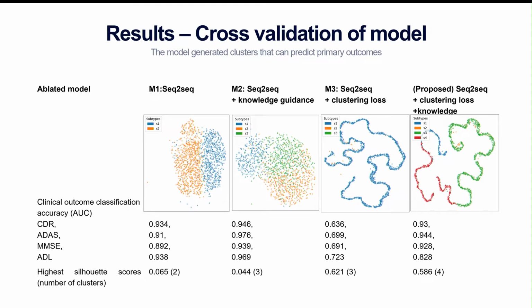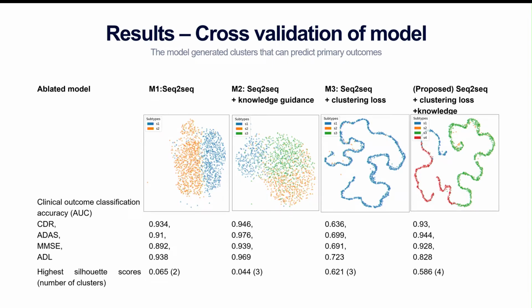We evaluate the components one by one and see how the model's performance changes. We measure the performance of the clustering, how compact the clusters look, using the silhouette scores and UMAP plots. And we also measure how clinically useful this representation is using the classification accuracy.